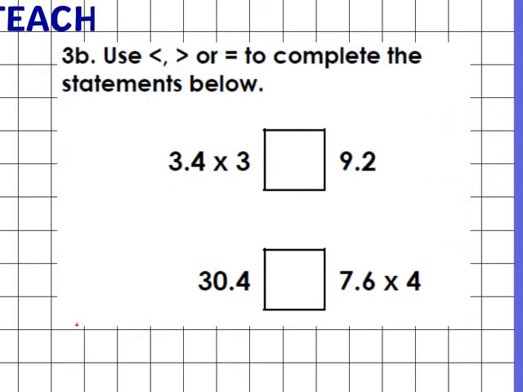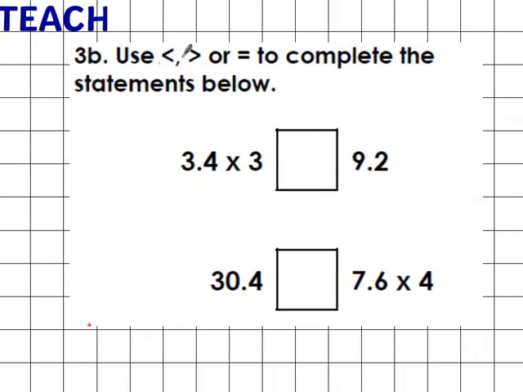And next one, use greater than, less than, or equal to complete the statements below. So 3.4 times 3, or 3 times 3 is 9. 3 times 0.4 is 1.2, so 9 add 1.2 is 10, so it is that way.